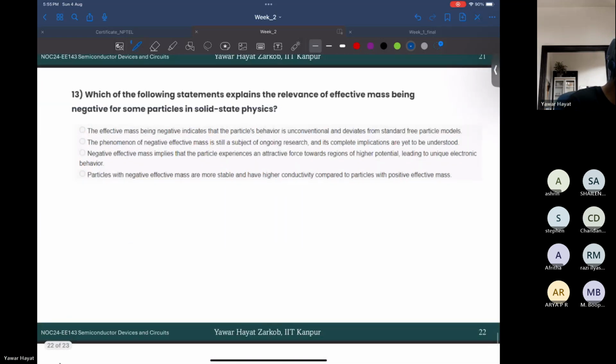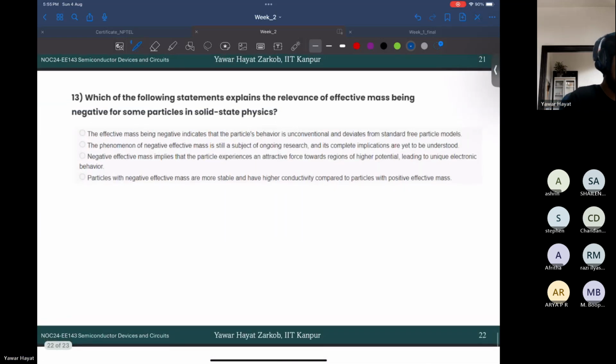Fine. Let's move ahead. Now we come to this one, question number 13. Okay, so which of the following statements explains the relevance of effective mass being negative for some particles in solid state physics?